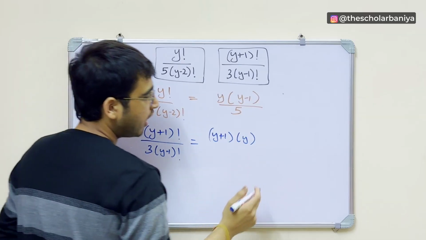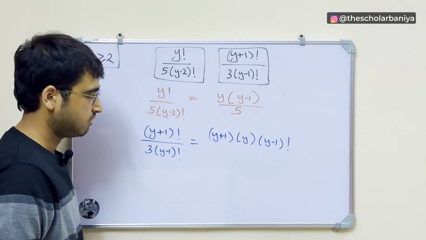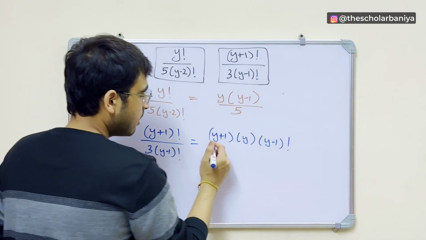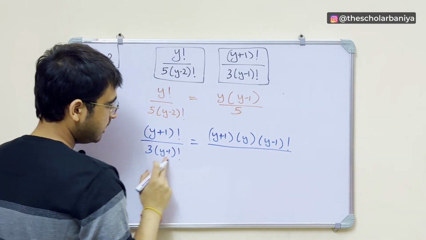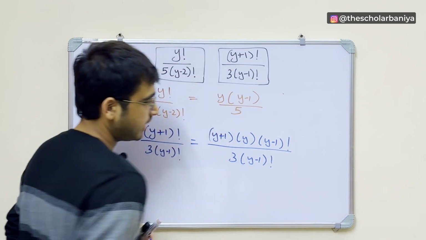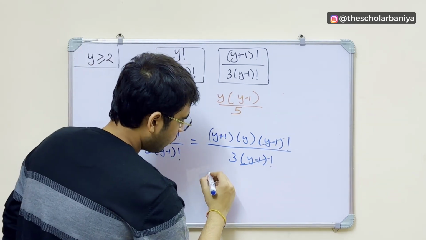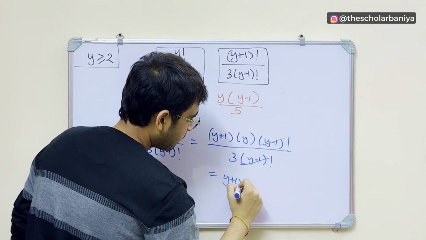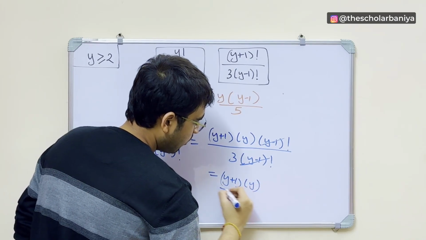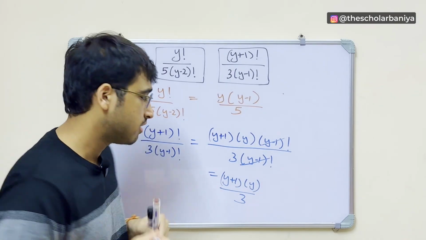We again reduce 1, so this becomes y minus 1 factorial. I hope this should be pretty clear. Upon, this is 3 into y minus 1 factorial, right? So we cut y minus 1 factorial, y minus 1 factorial. So what we get is y plus 1 into y upon 3. I hope this is also pretty clear, right?